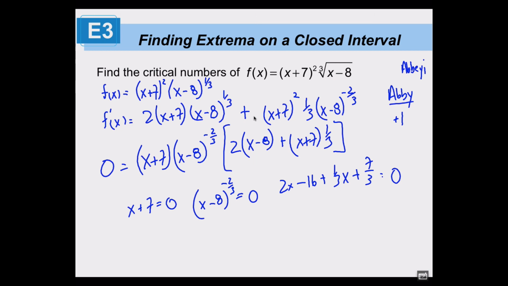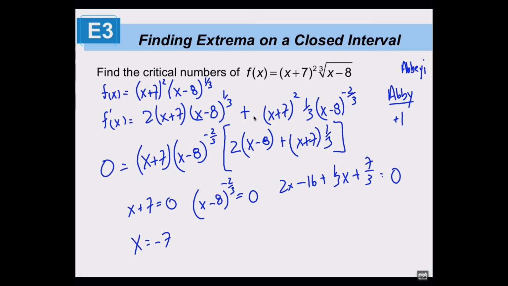Let's start with the easy one. x equals negative 7. How about this guy? 8. Okay, so let's be careful here. Does 8 make this equation equal to 0?